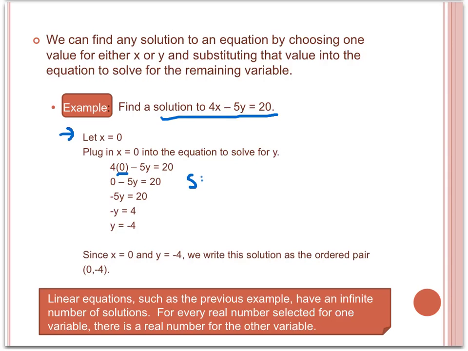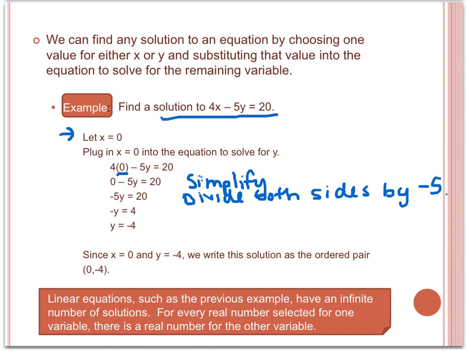We simplify and we get -5y = 20. We then need to divide both sides by -5. When doing that, we're left with -y = 4.